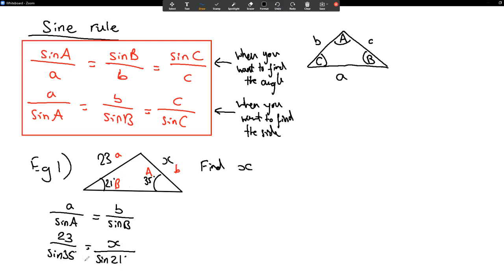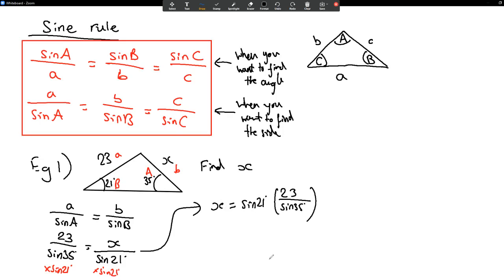Now you can see if we times both sides by sine 21, we get x equals sine 21 times 23 over sine 35, like so.